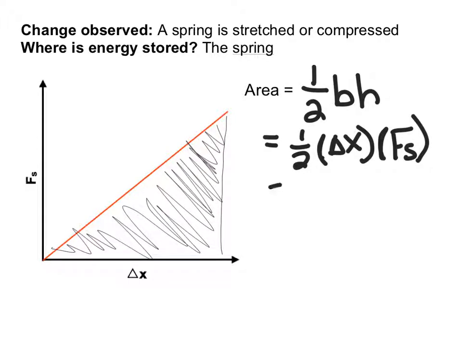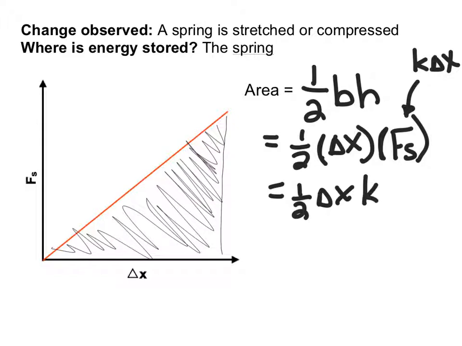Okay, so from our spring constant equation, we know that this Fs is also equal to k delta x. So what I'm going to do is substitute that in so that we have 1/2 change in x, or the stretch, times k times change in x.